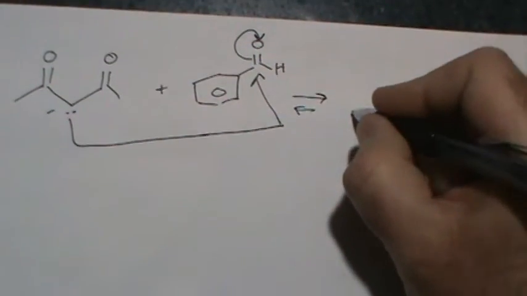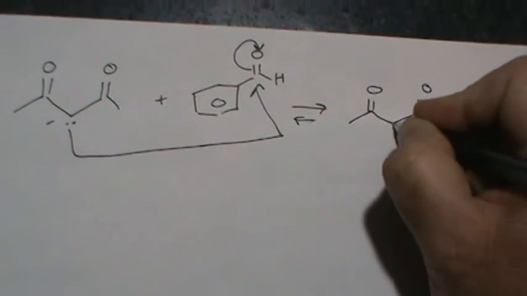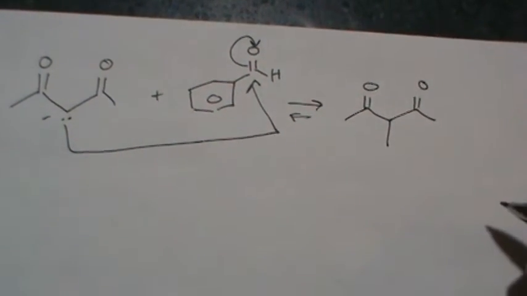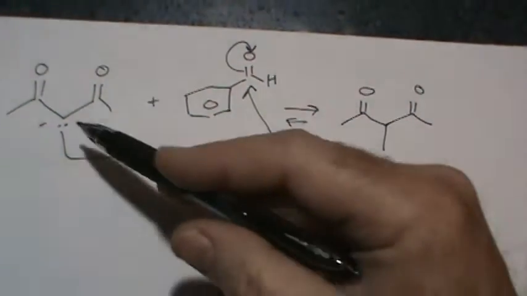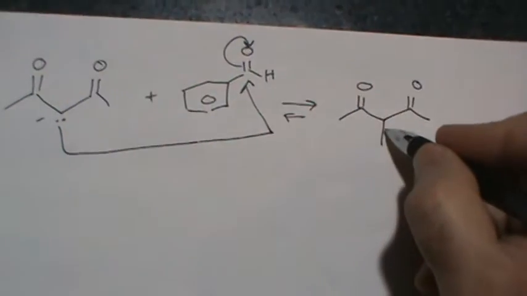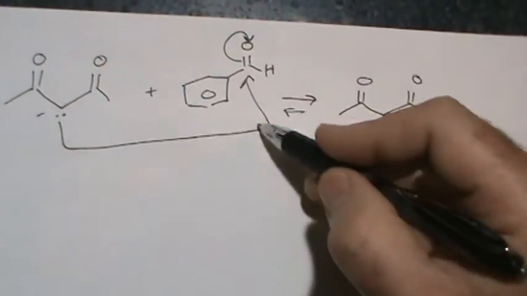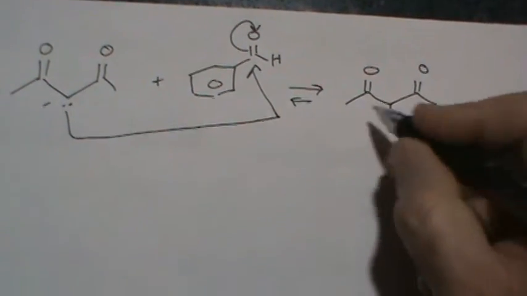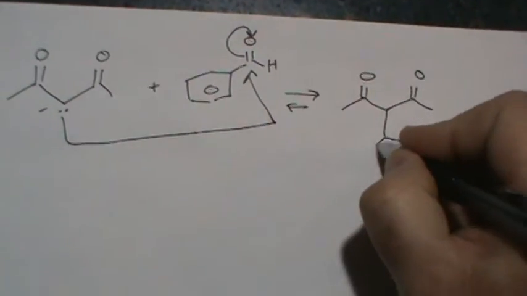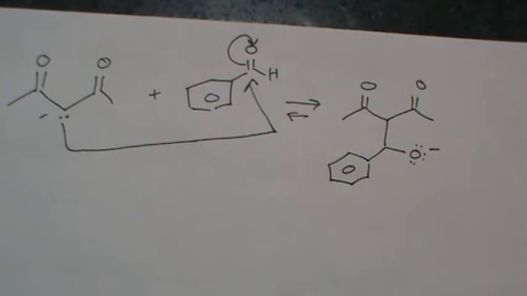And when that happens, see this new bond I've just drawn there, that's the key bond, that's the new carbon-carbon bond. So that lone pair right there is now tied up in this new carbon-carbon bond. It has attacked the carbonyl, so now I have an O-. I'm not going to draw that carbon-hydrogen bond, but I will of course draw the benzene ring or the phenyl group.